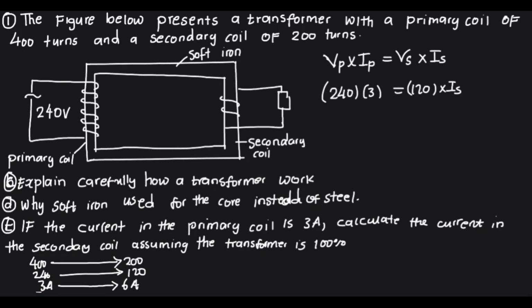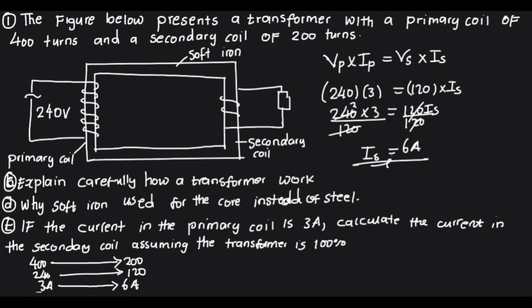So we can multiply if we want, or we can just let the numbers be the way they are. So 120 times Is. For us to isolate Is, we divide by 120, also here by 120. So let's do the math now. 120 over 120 is 1. 120 into 240 will give us 2, times 3 will give us 6 amps.